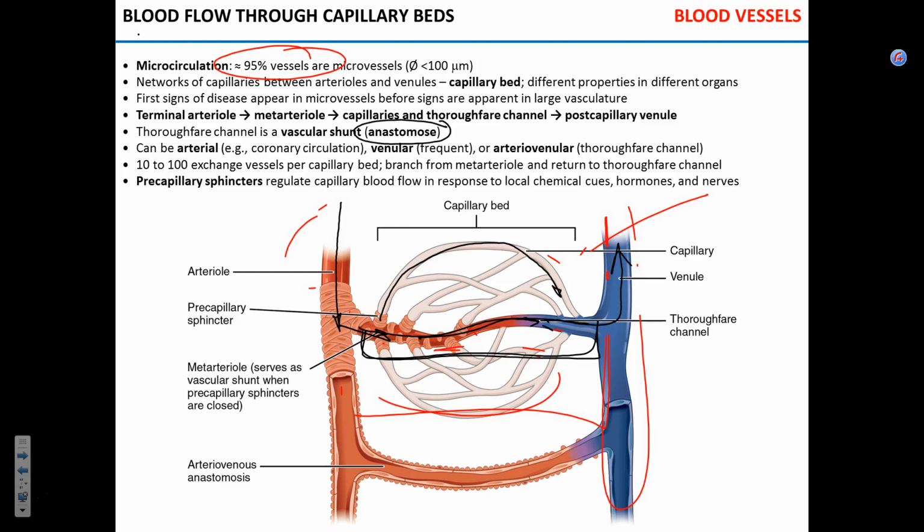So anastomosis can be, for instance, arterial, meaning you have one artery connected to another artery. Does that make sense here? You're going to find a lot of arterial anastomosis in coronary circulation.